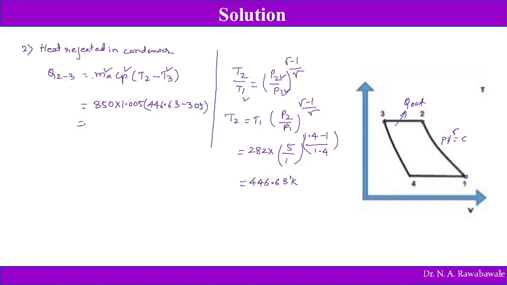If we simplify this, it comes to 120.99 kilojoules per hour, because we are multiplying it by mass. If we do not multiply it by mass, then it will be in kilojoules per kg. This is Q2 to 3, so this is how we obtained the heat rejected.